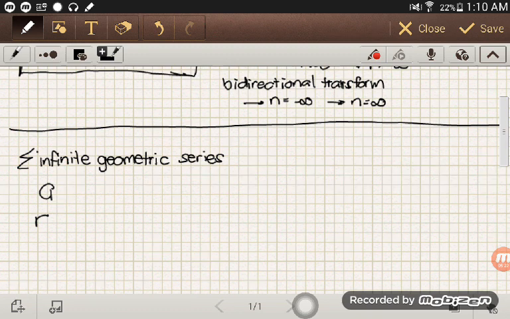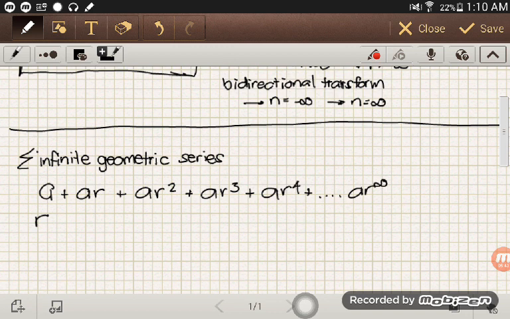When you get the summation of that, a plus a r plus a r squared plus a r cubed plus a r to the fourth plus dot dot dot up to a r raised to infinity, this is what we call an infinite geometric series.